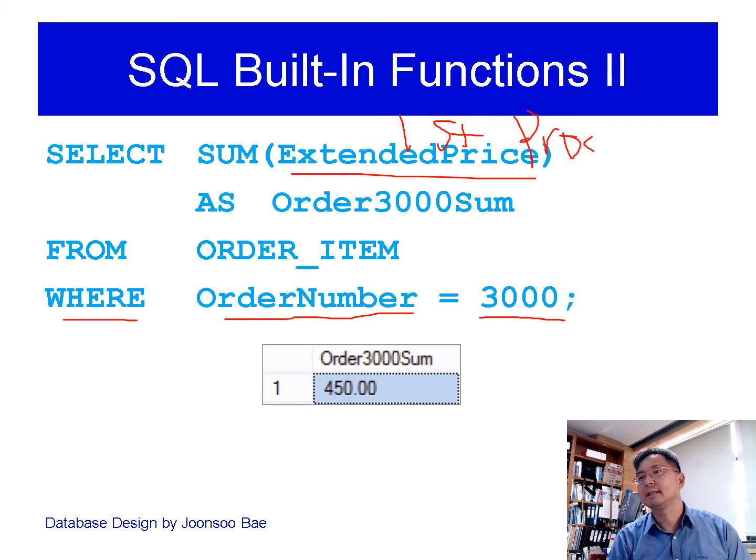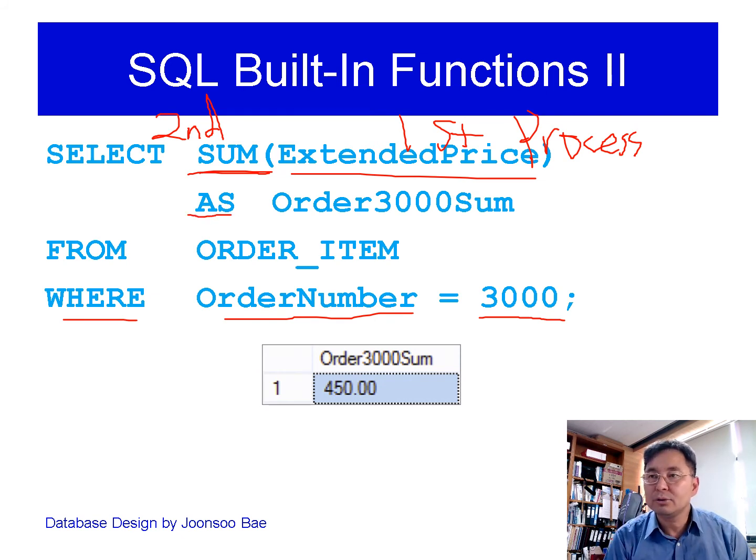Then after that, this is the first processing. This first processing will generate a set of data, and then the second processing sums the first processed data set. Then it is summing here. And AS is also used as a keyword. This is also one keyword to specify column names.